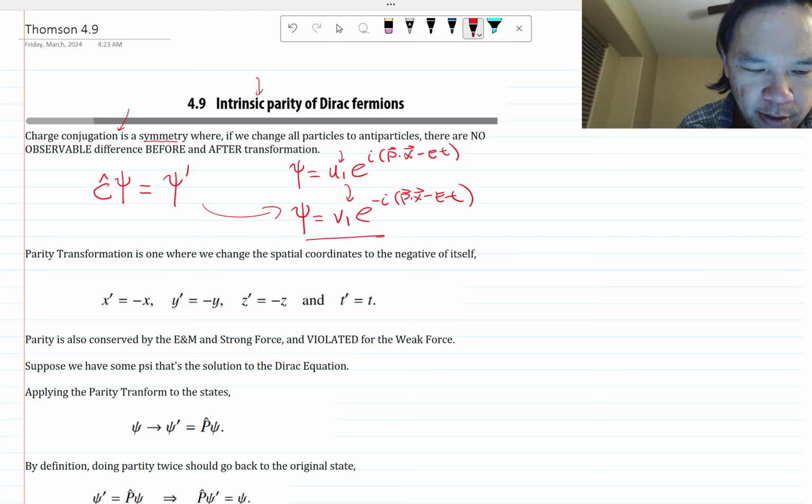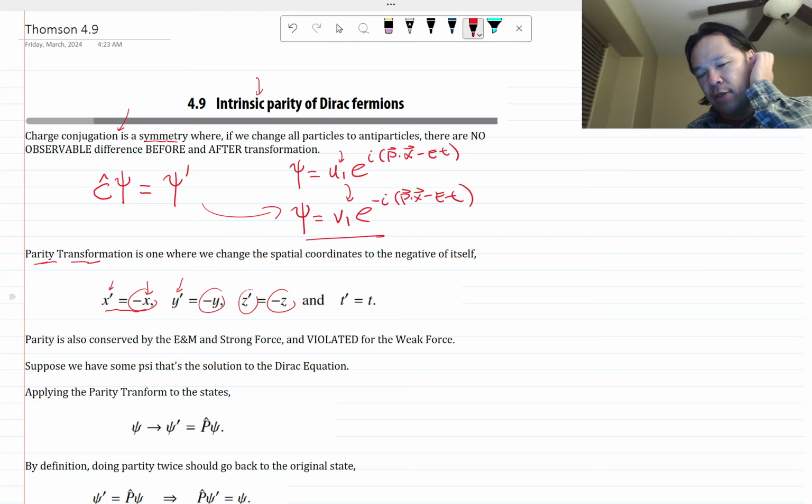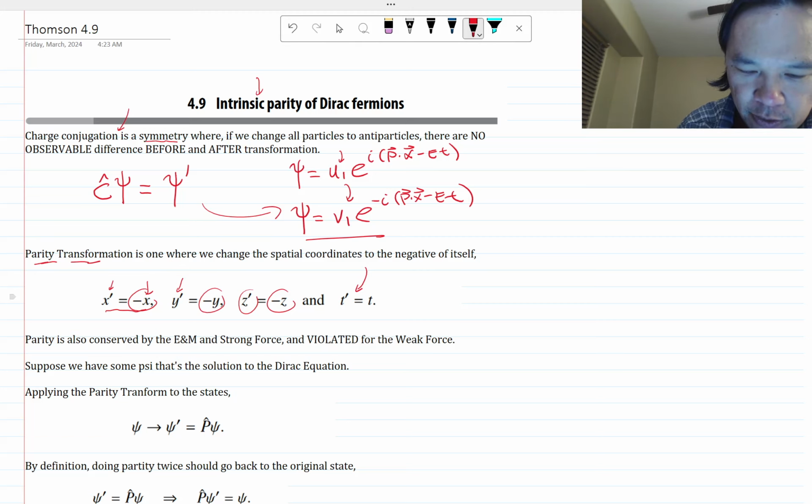But now we're going to explore this thing called the parity transformation. Parity transformation is that whenever you see x, we turn it into negative x. Whenever you see y, you turn it into negative y, and the same thing with z, where you turn that to negative z. But we don't change time. You don't touch time. Time just stays the same.